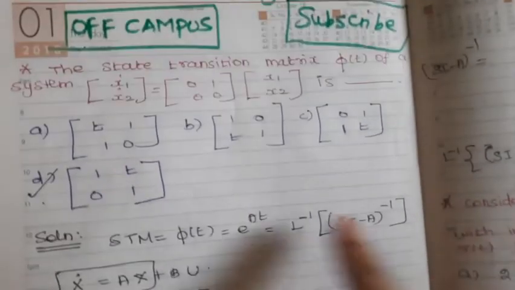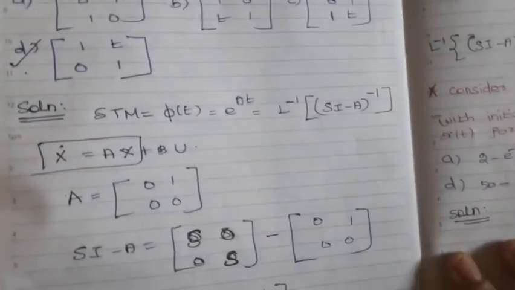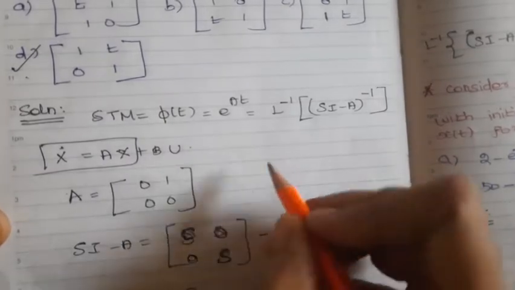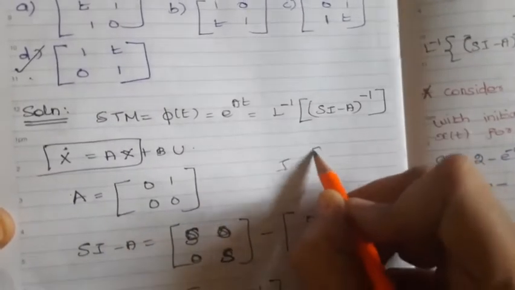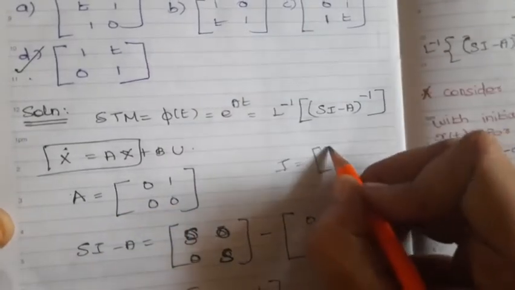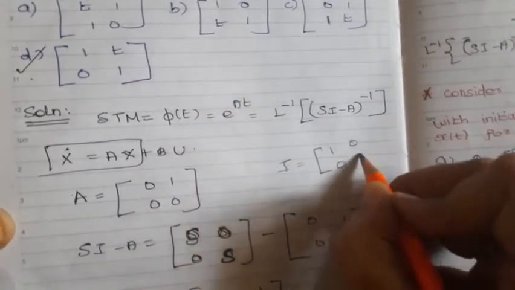So before that, what is sI? A is nothing but this one, [[0, 1], [0, 0]]. For sI minus A, how do we find out what I is? I is the unity matrix. The given matrix is a 2 cross 2 matrix, so this will also be 2 cross 2: [[1, 0], [0, 1]].